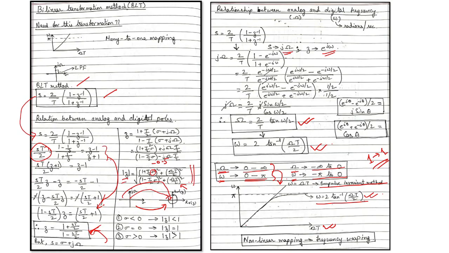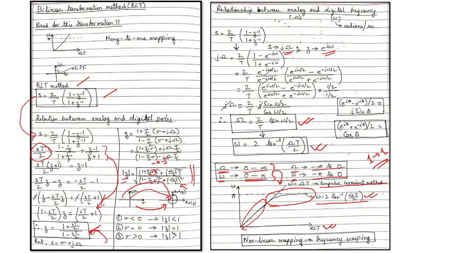If you look over here, in the low frequency region, we are enjoying a linear relationship. However, as we are going towards the higher frequency components, there is a non-linear relationship. So this is one of the disadvantages. That means in the whole frequency spectrum, there is no single linear frequency relationship.